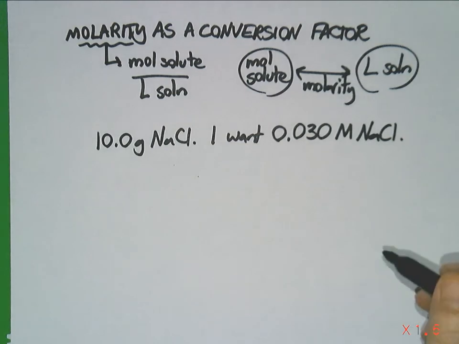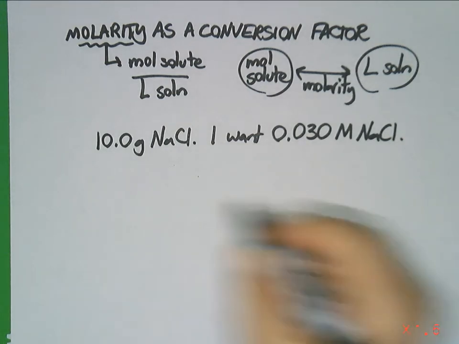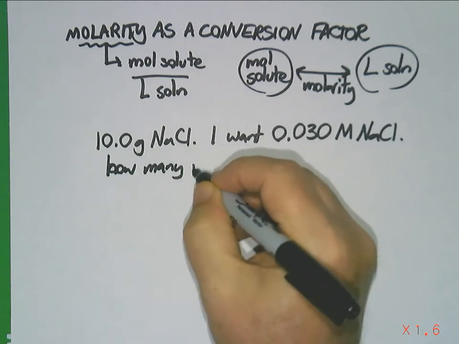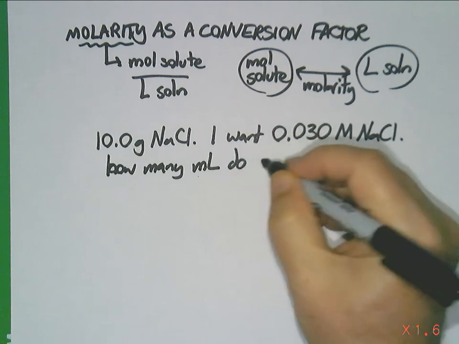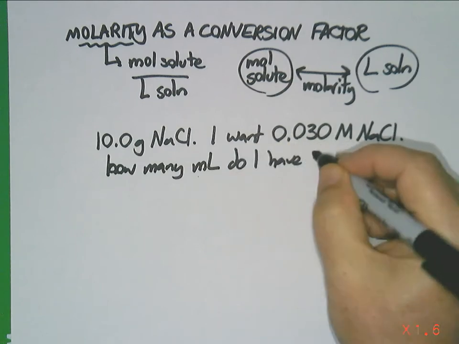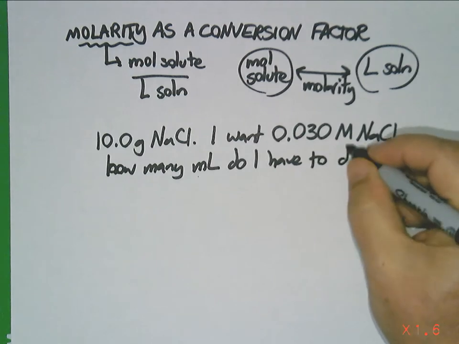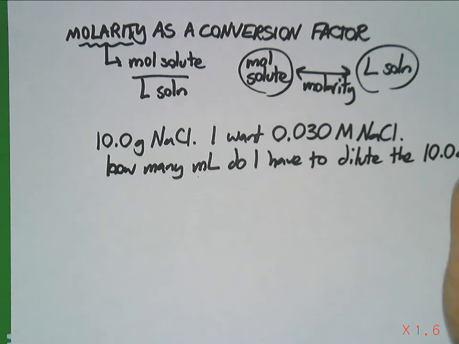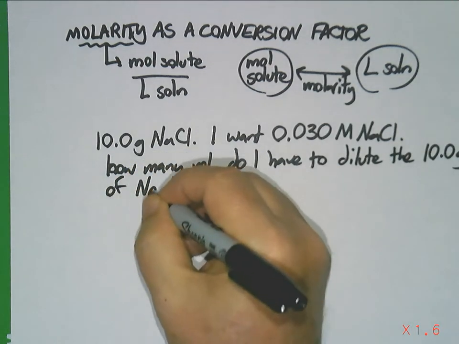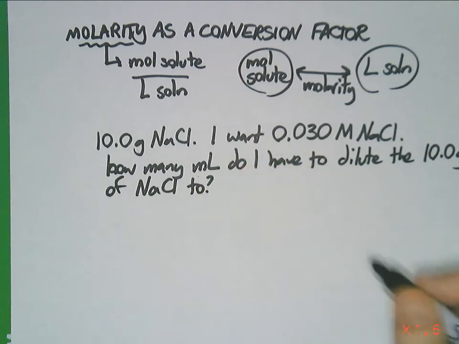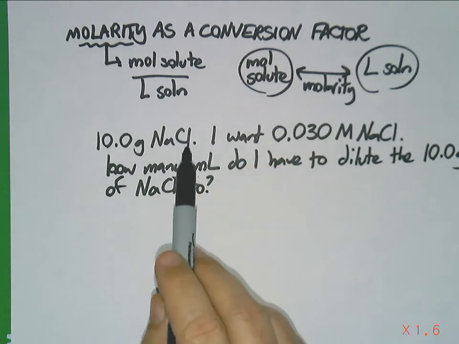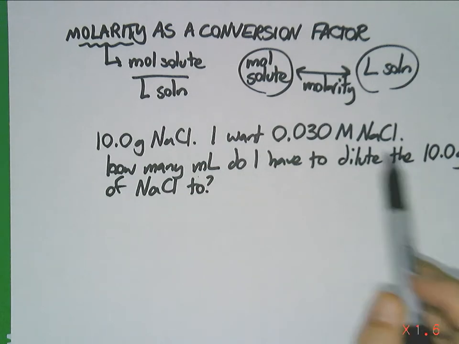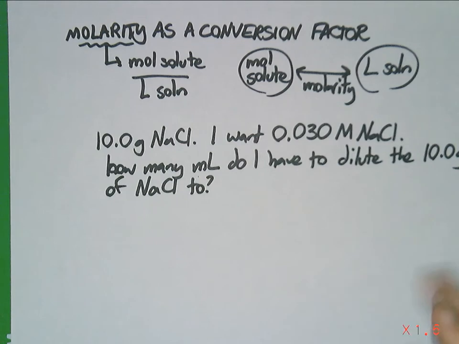If I want to use up all the salt that I've got to make this, how many milliliters do I have to dilute the 10 grams of NaCl to? So picture it, you've got a pile of NaCl. You want to know how much water you need to add to that in order to get a solution with that concentration.